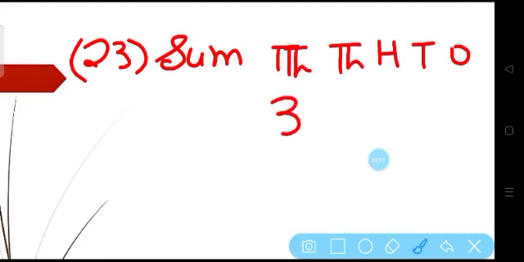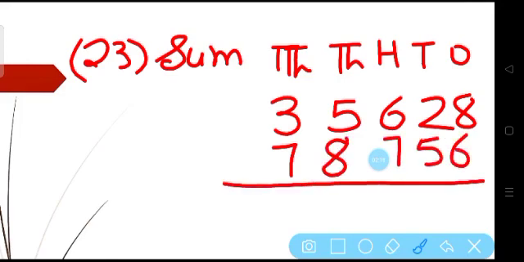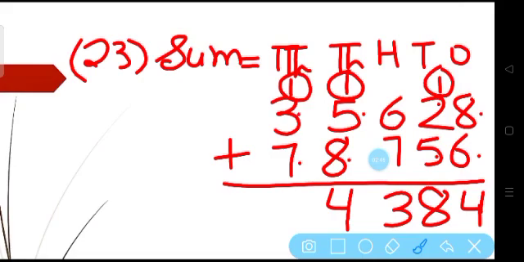The numbers are 35,628 and 78,756. 8 plus 6 is 14, 4 here, 1 carry. 5 plus 2 is 7, plus 1 is 8. 7 plus 6 is 13, 3 here, 1 carry. Then 8 plus 5 is 13, plus 1 is 14, 4 here, 1 carry. 3 plus 7 is 10, plus 1 is 11.